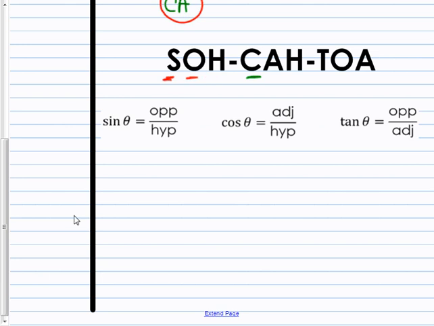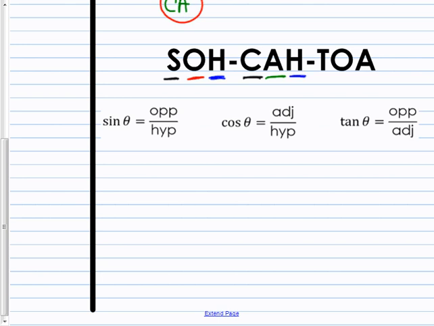Okay, let's try this again. S is for sine, and then we have opposite and hypotenuse. C is for cosine, and then we have adjacent and hypotenuse.